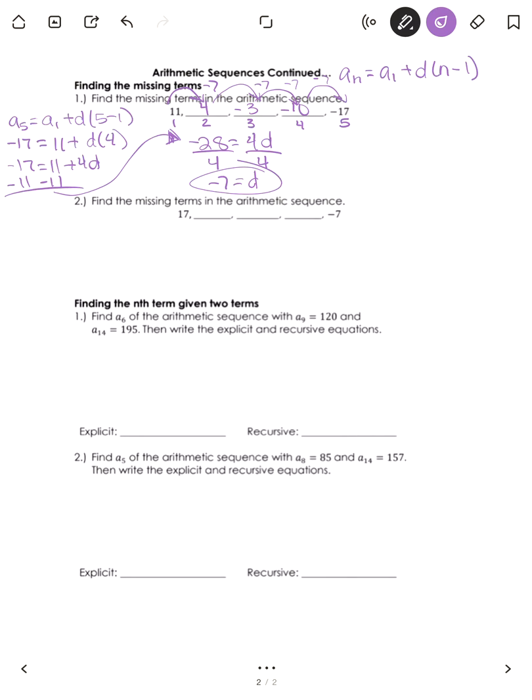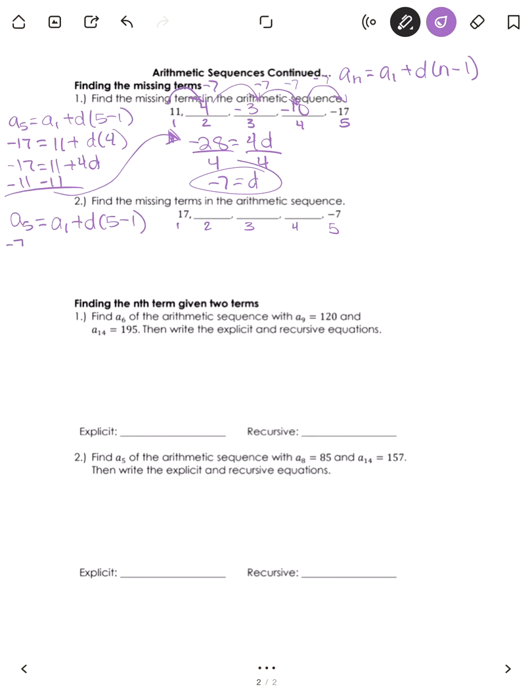Okay, looking at the next example, again, same concept. I know the first and the fifth term. So a sub 5 equals a sub 1 plus d times 5 minus 1.